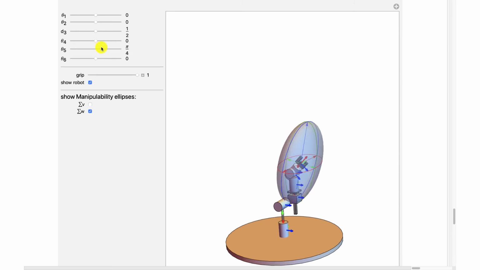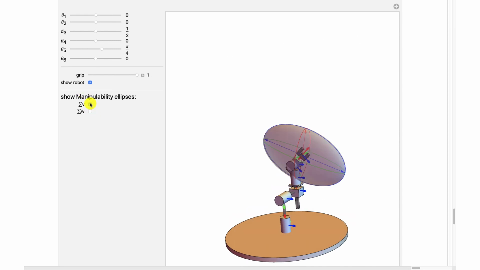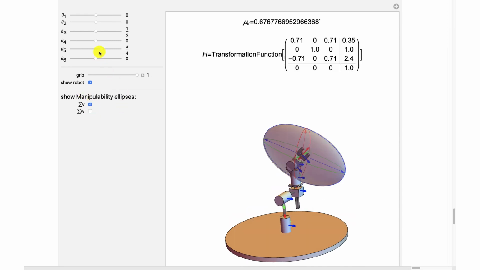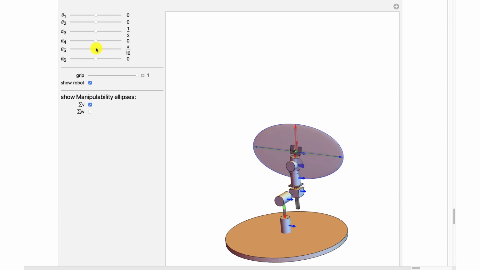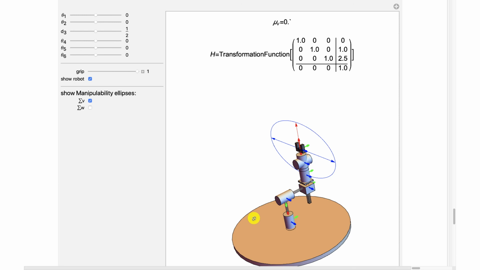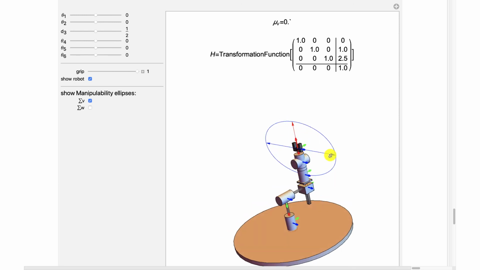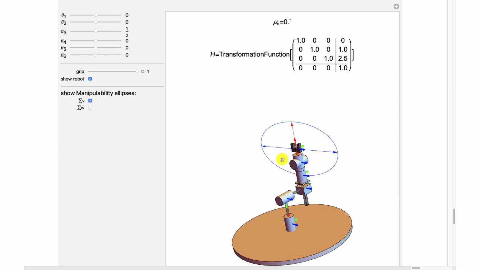So I rotate there, and now we're good with that. Let's go ahead and look at our velocity kinematics. Again, it's in a singular position until we go back to here, because it can easily rotate left or right across here, but it can't do a motion in this direction.